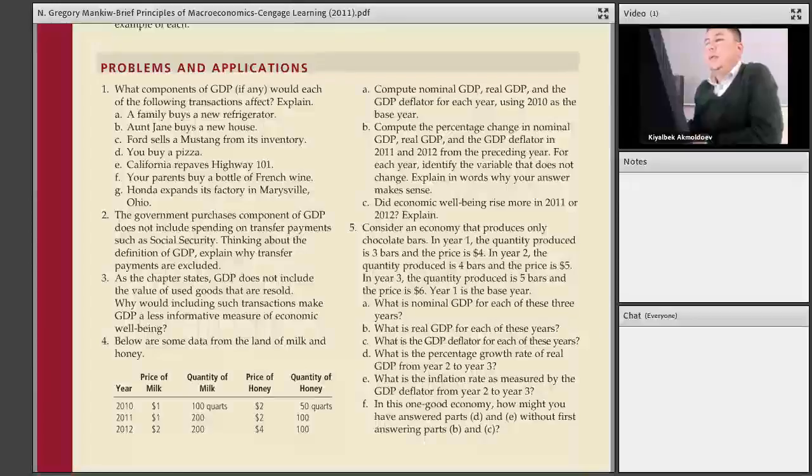Government purchases as a component of GDP does not include spending on transfer payments such as social security. Explain why transfer payments are excluded. Because GDP calculates goods and services that are produced, but when you are on a pension and getting transfer payments, you don't work but you have income. You are not producing anything but you are earning money.